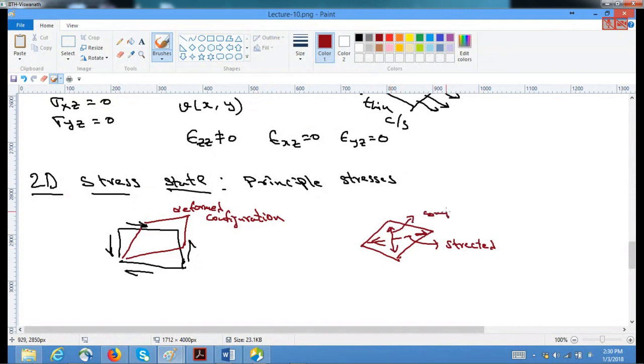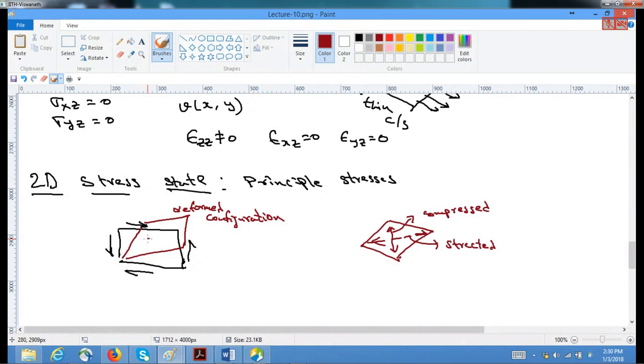So if I take a small element which is at 45 degrees in this manner, right?